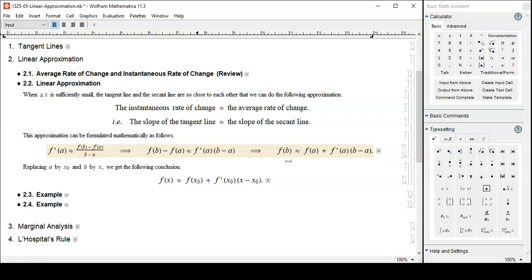Now, if you already know f of b a priori, then you don't have to do this. But in many situations, we have a time function. We have a variable based upon time. In that case, we know everything about the present and past, but nothing about the future. But of course, we can do a reasonable prediction.